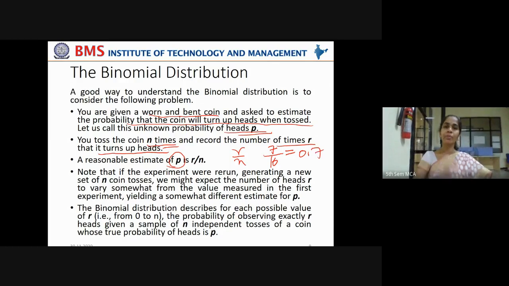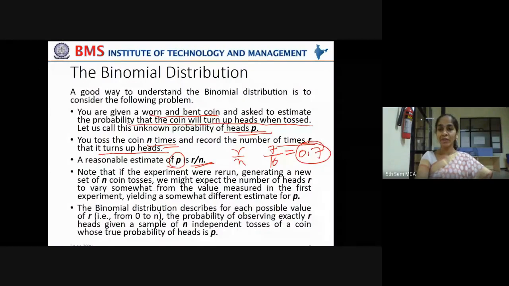In that case, you can say the probability of observing heads out of 10 coin tosses is 0.7. Okay, that is a simple calculation, right? How to calculate the probability? The number of outcomes you are interested in divided by the total number of experiments you have performed.